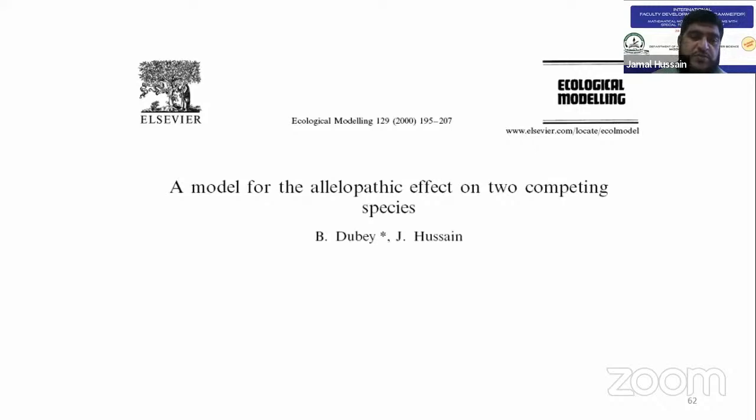It is secreted by this plant, so it will not affect itself, but it will affect all other surrounding plants. That's how it wins in this competition, and no other plant can share the nutrients in the surroundings. This process is modeled in this paper.